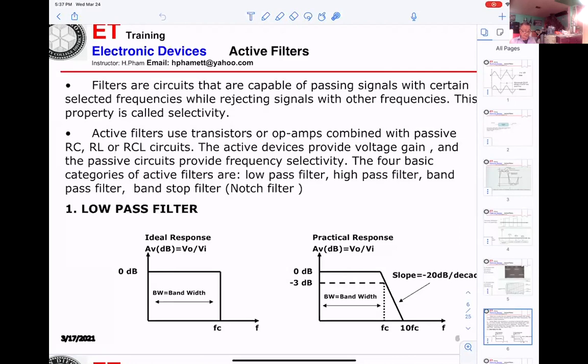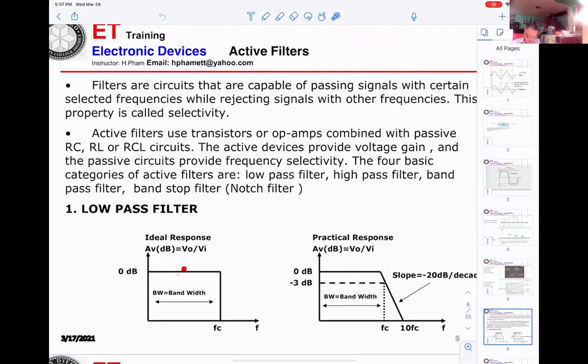First, we go with the low pass filter. In general, a low pass filter will pass any signal with a frequency lower than a certain value. Lower than what? We'll go into the detail. Now, this stands for the gain: Av equals Vout divided by Vin.